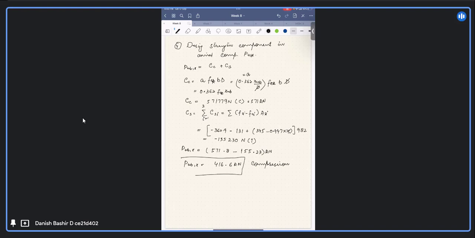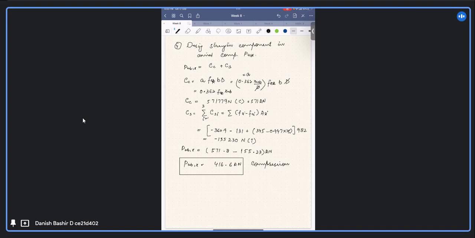So what we got, this is the strength of our column when there was uniaxial moment as well. For example, if there would not have been a uniaxial moment, then this reduction would not have taken place, 155. So the strength would have been on a higher side. So we can relate from this that uniaxial moments or later biaxial moments reduce the compressive strength of the column. PUB is 416.6 kilonewton.